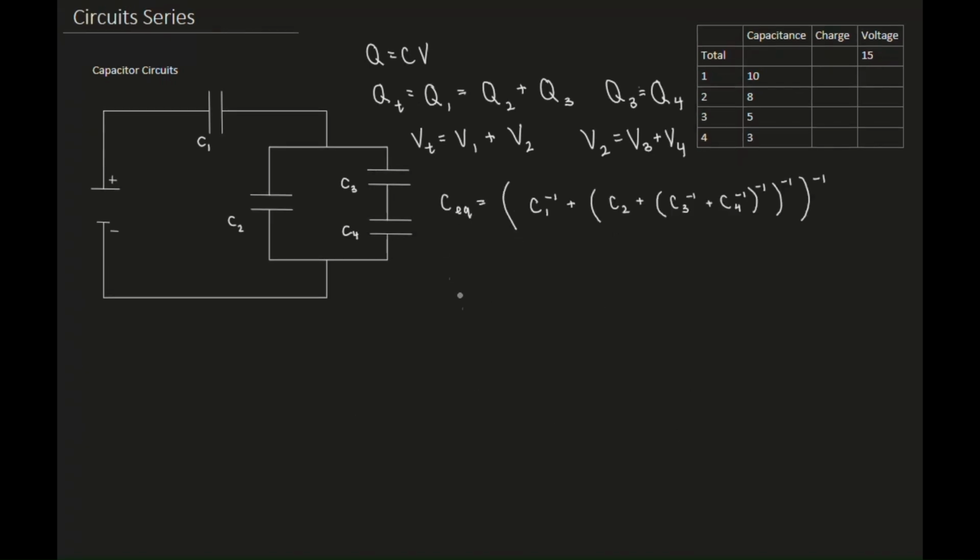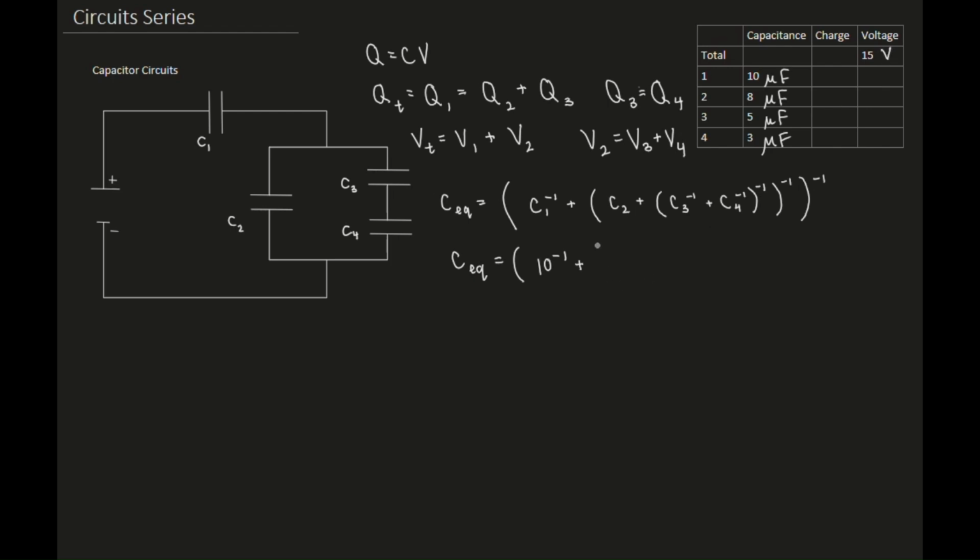So we can go ahead and calculate the actual total capacitance for this equation. Again, also equivalent capacitance, I'm using those interchangeably. So the equivalent capacitance is equal to the inverse of 10, so 10 to the negative 1, plus, and just for the sake of space, we know that the unit is microfarad, which I'm not going to put in the equation because this one's going to be a little bulky.